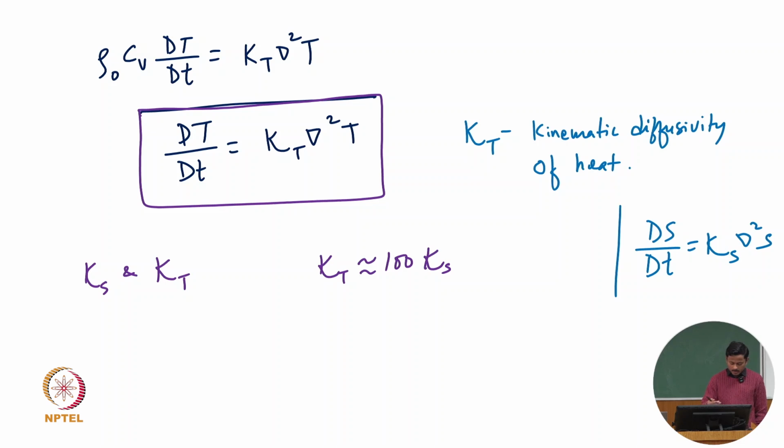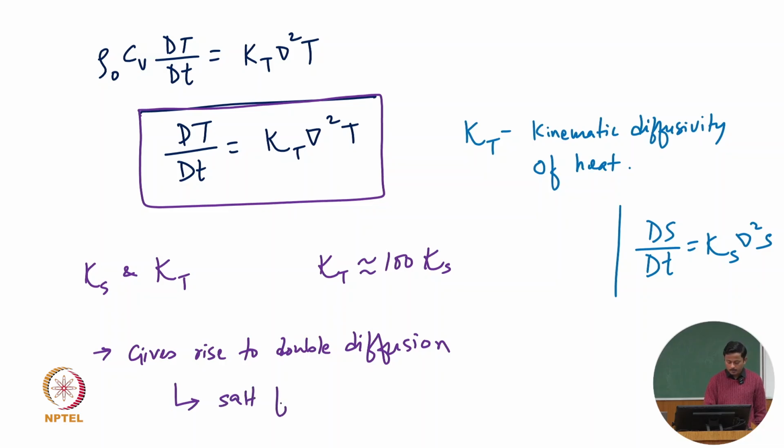So in small scale systems, in meter scales, this gives rise to a phenomenon called double diffusion, and one of the representative features of this is salt fingers.